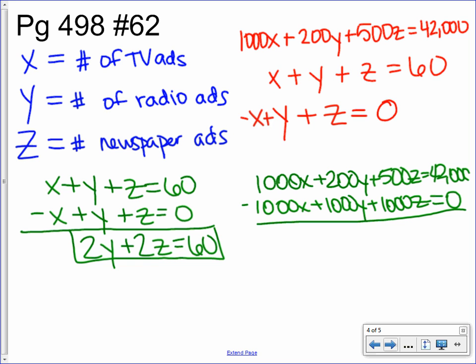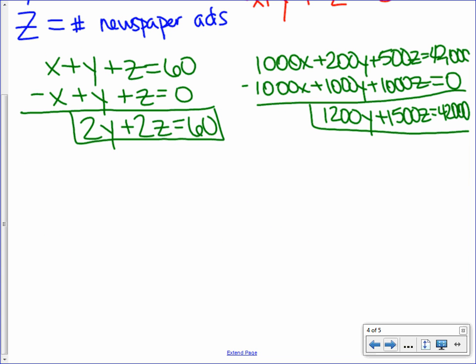Okay, so what does that leave us with? All right, and that is what we get to work with. Okay, so now we're down to the green. Two equations, two variables.